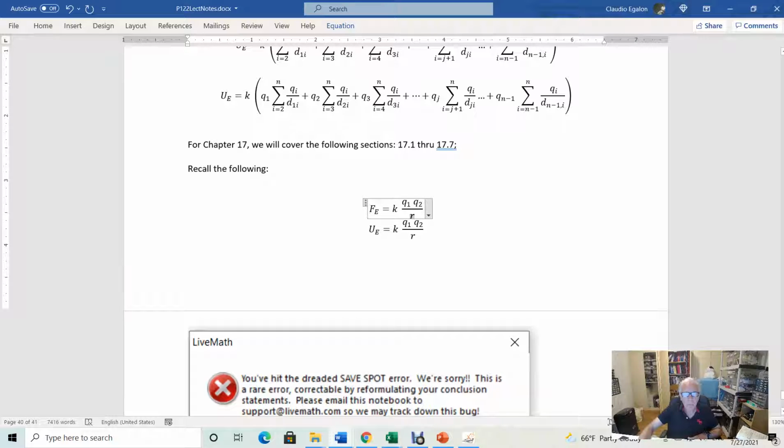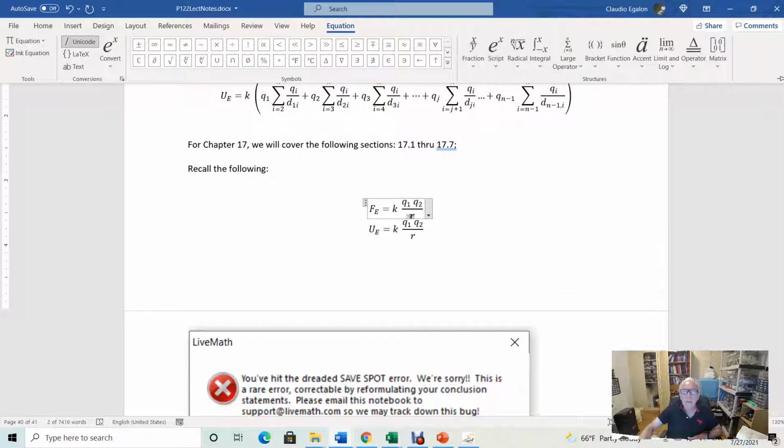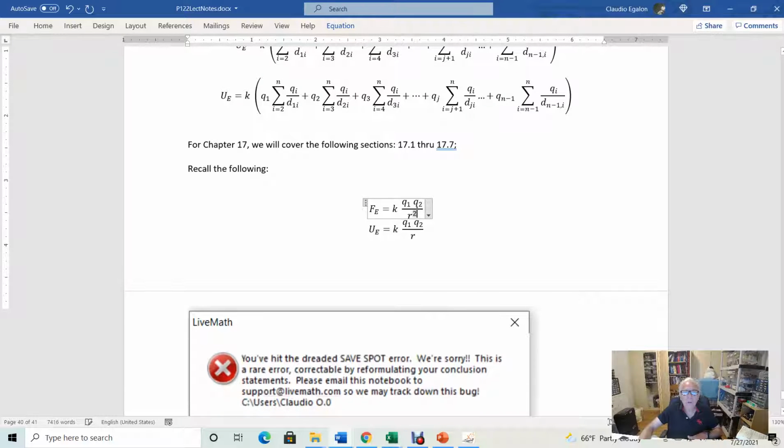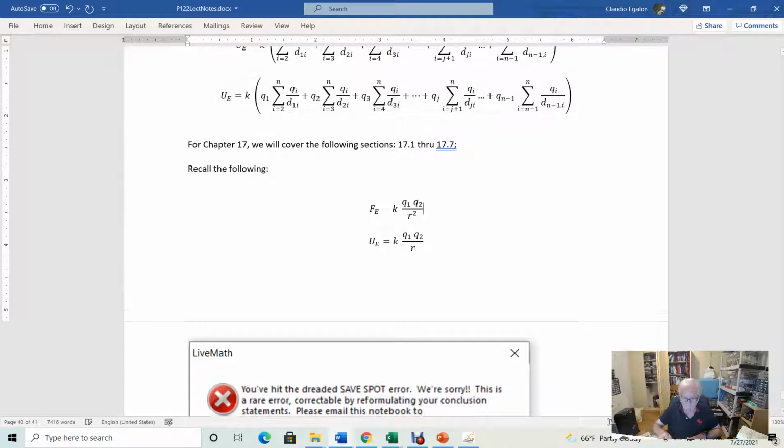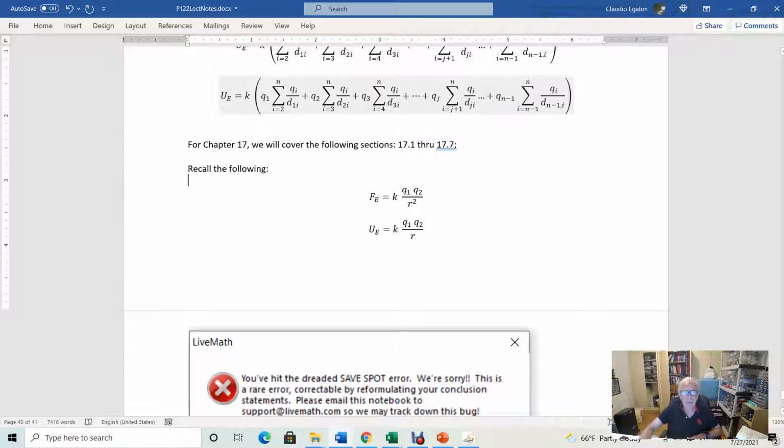Force, I'm not going to put it in vectorial format. For a point charge, Q1 Q2 over r squared. The potential energy has the same numerator but a different denominator. Instead of r squared, it's going to be r. Can you remember that?